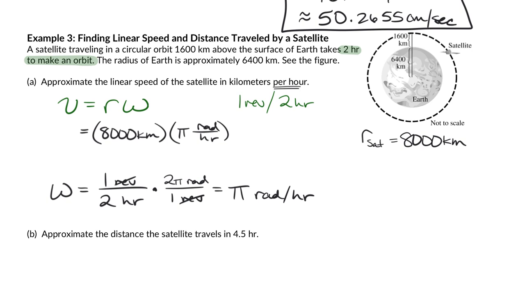So we're going to do 8,000 times pi, which is easy if we're leaving it in terms of pi. That's just 8,000 pi kilometers per hour, but that's a weird looking speed, so we're going to go ahead and multiply that out. 8,000 times pi is 25,132.7412 kilometers per hour.